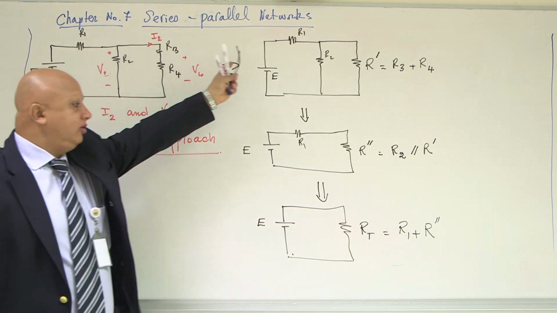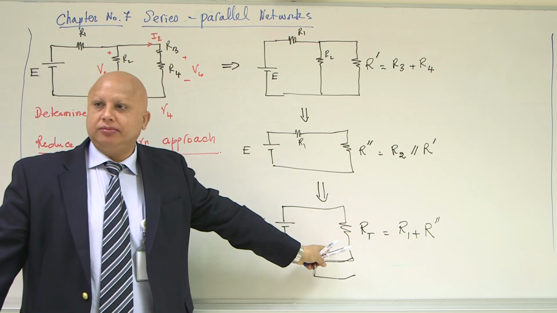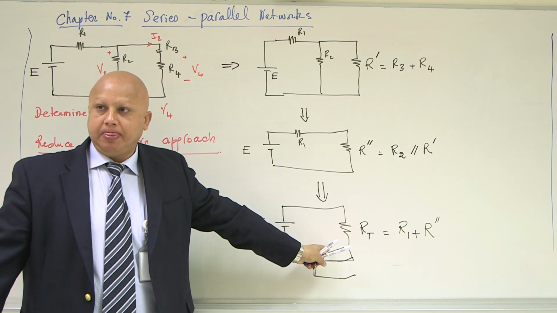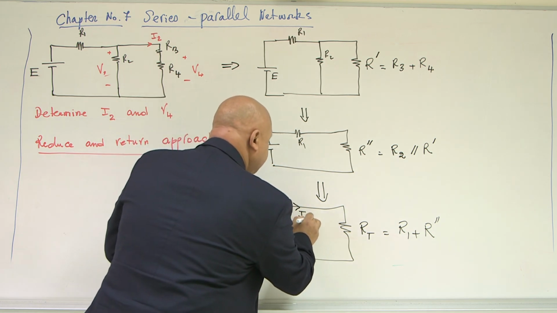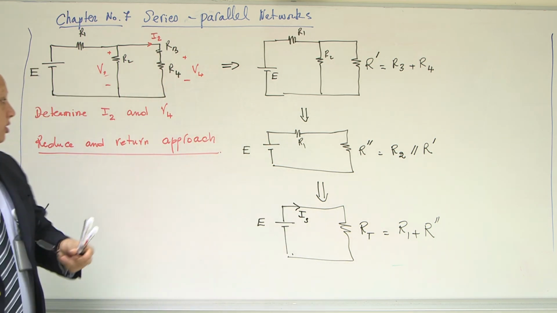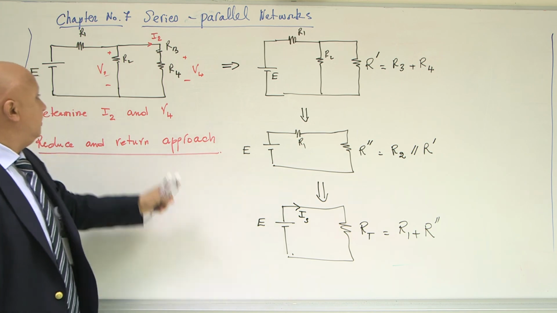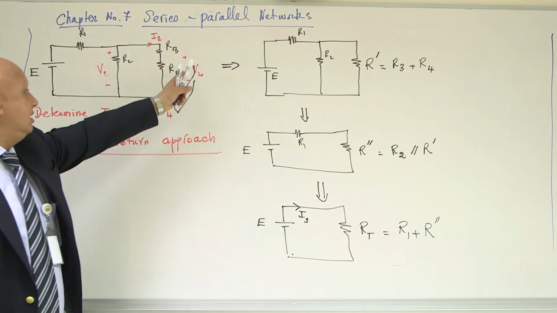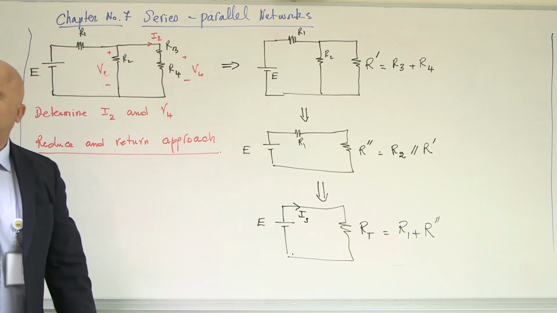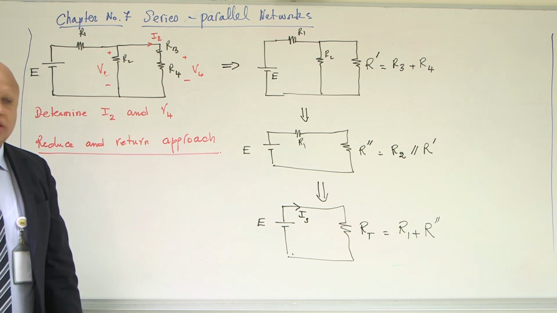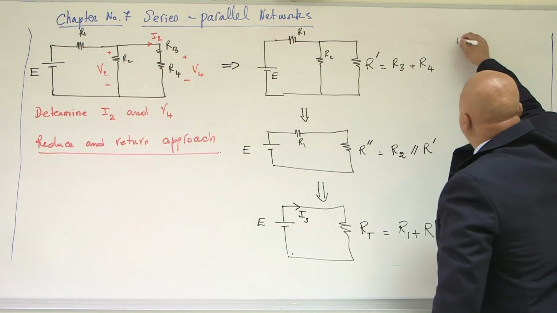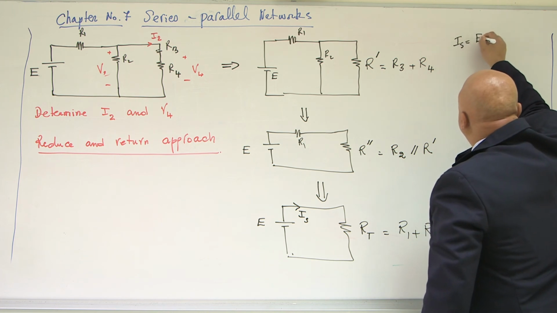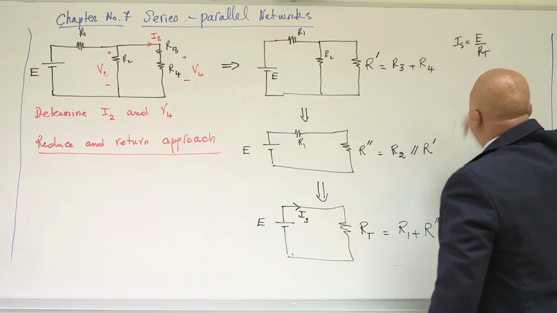We reduced the circuit into a simpler form in order to determine IS. So we can determine IS, then we can determine I2, V4, V2, etc. What is IS? It is E divided by R total.